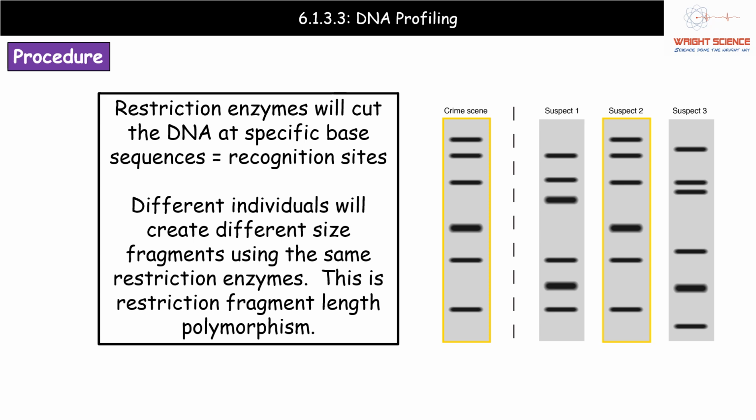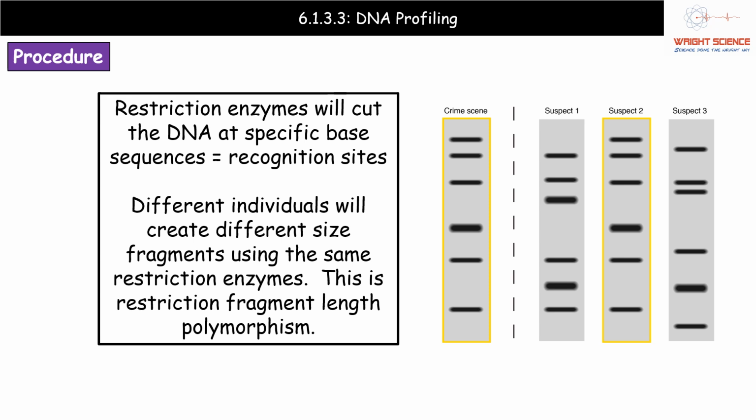But we're going to have different length fragments generated when we use the same restriction enzymes. Because if we're thinking about that idea of these tandem repeats, and we've got one person who's got only 5 repeats and another one that's got 10, then clearly that restriction enzyme cutting at those same points is going to generate a longer sequence for one than the other.